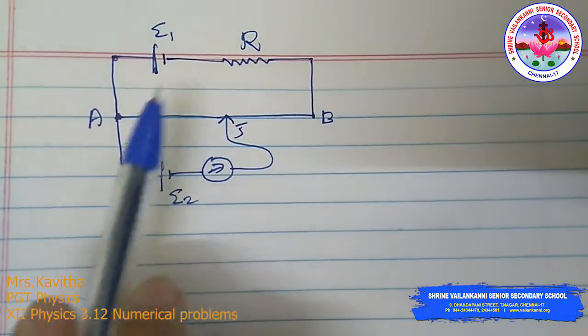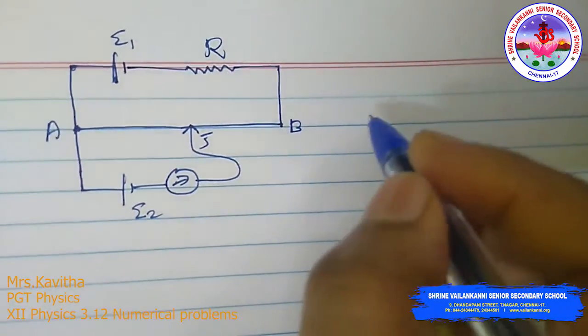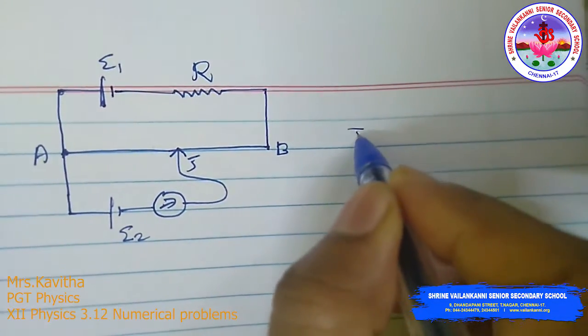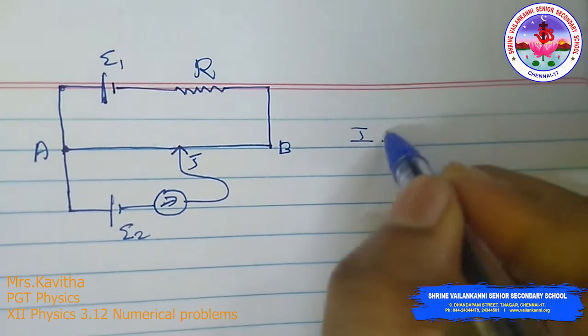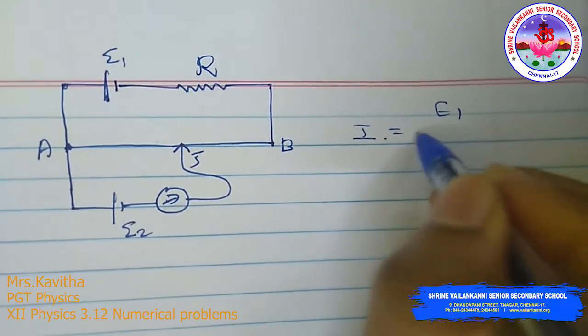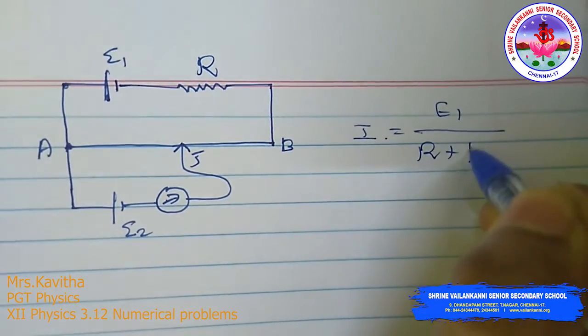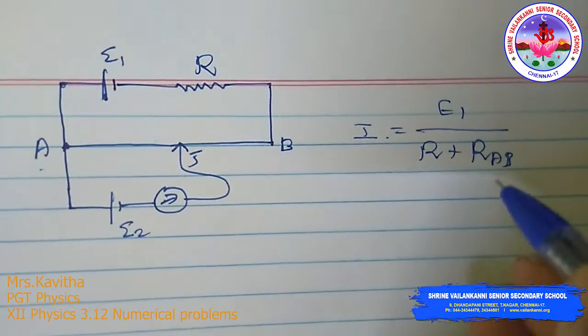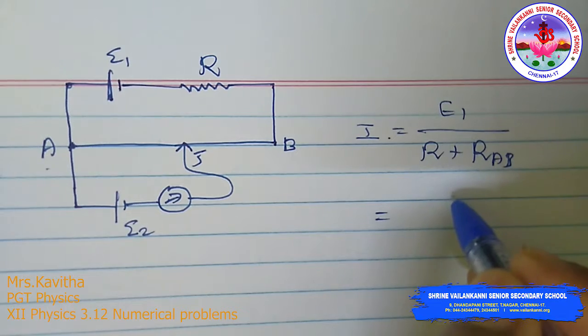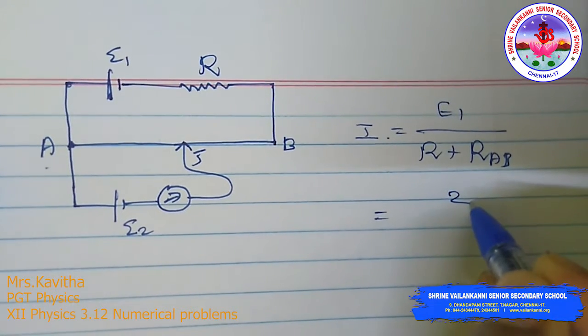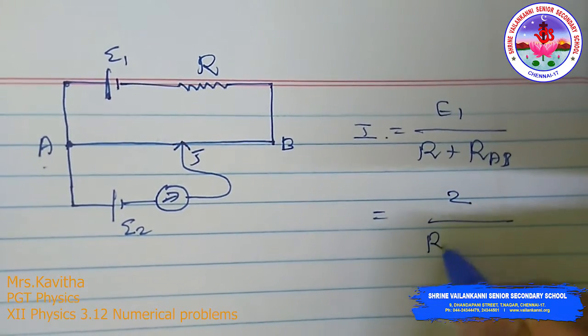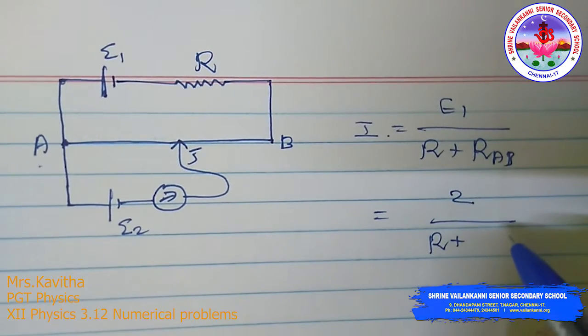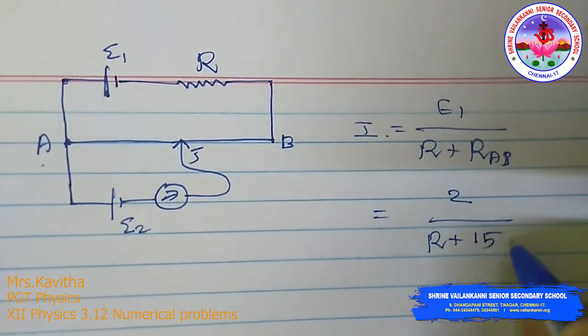The current through the potentiometer wire, I, is equal to E1 by R plus RAB, right? Now they have given E1 equal to 2, by R plus RAB, and the first length they have given is 15.